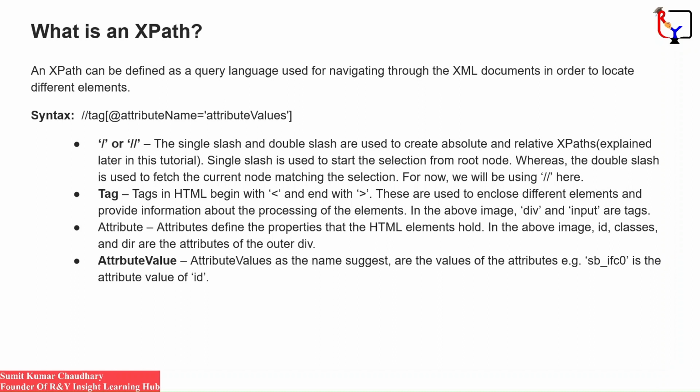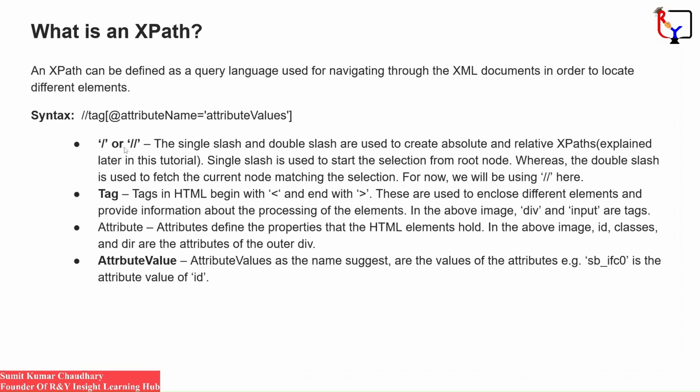The syntax is double slash, tag name. Tag name we have already discussed in the previous theory, then at the rate, attribute name, and attribute value. You can see these are the different ways we can handle it.